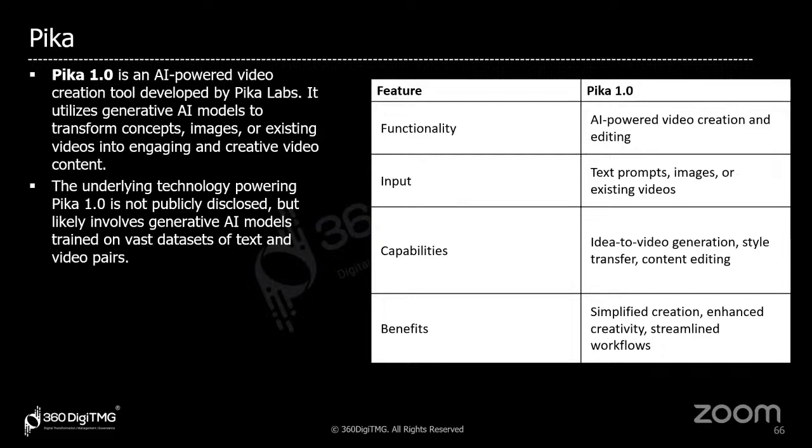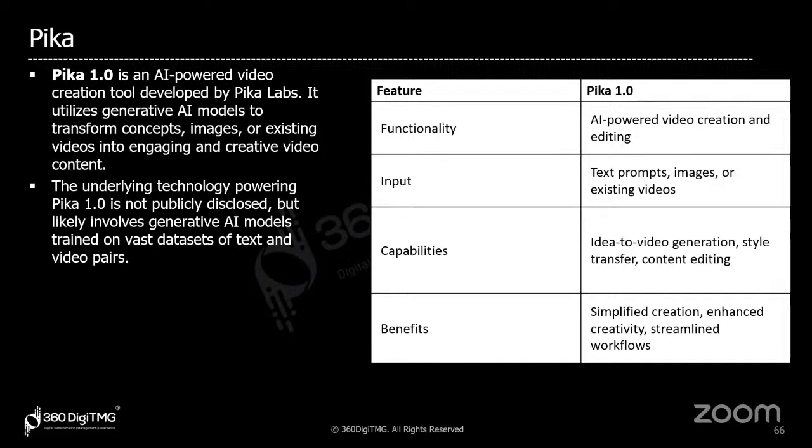Then we have the Pika model. Now, in this Pika model, we have an AI-powered video tool developed by Pika Labs. It utilizes generative AI models to transform concepts like images or existing videos into engaging and creative video content.